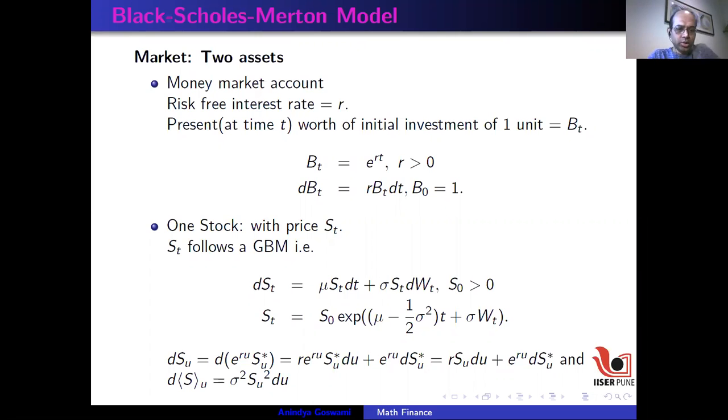So dS_u is equal to d of B_u times S_u by B_u. S_u by B_u is S star_u, and B_u I am writing as e^{ru}. Now this is just the product rule of calculus.